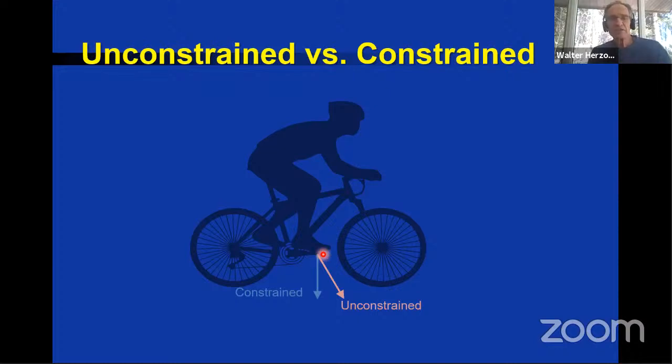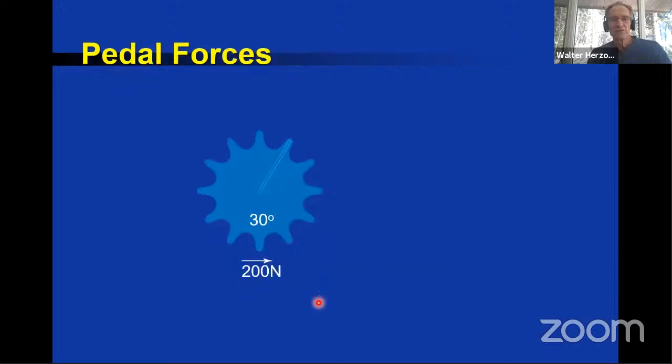And we gave them feedback, and they had to be within 5 degrees plus or minus of the direction that is perpendicular to the crank. So we did that, and here is just one example. This is the mean from these 35 people that we did that with.